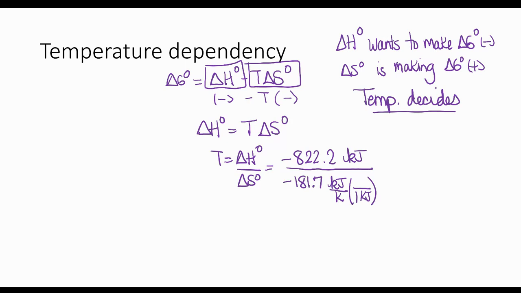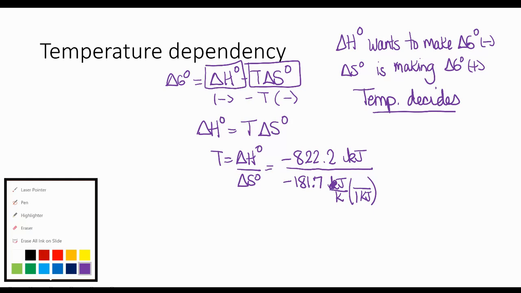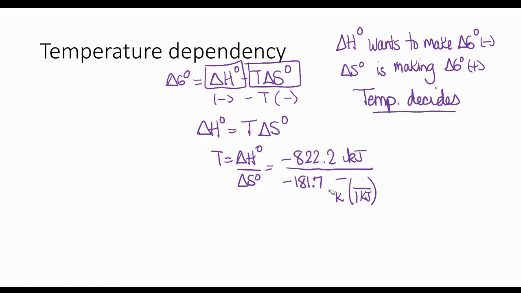Was that kilojoules per Kelvin? No, that was joules per Kelvin, sorry. I couldn't read my own writing. Let me erase it. Joules per Kelvin. 1,000 joules in 1 kilojoule. Okay, so let's see this value.